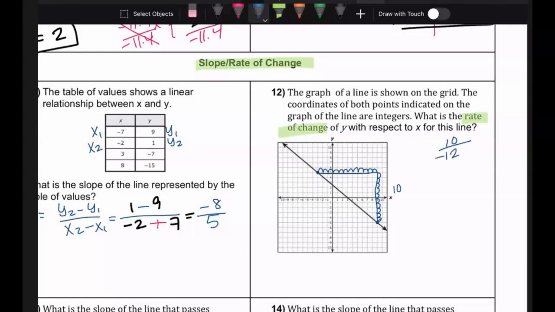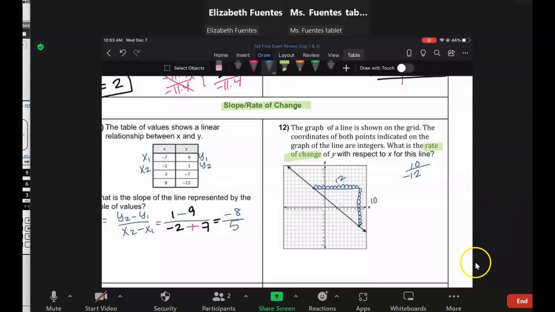Now since I went to the left 12, that's going to be a negative 12. Which makes sense if you look at your graph, your line is decreasing, so it makes sense that we would have a negative slope. So always double check, if the slope I wrote in a fraction is negative, is the line on the graph negative? So in this case, you want to check if it simplifies. You can do the same thing you did before. Say, okay, what number divides into both 10 and 12?